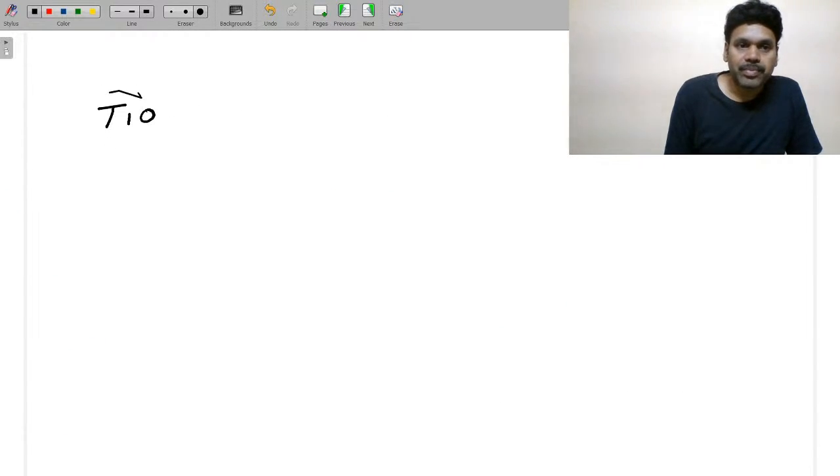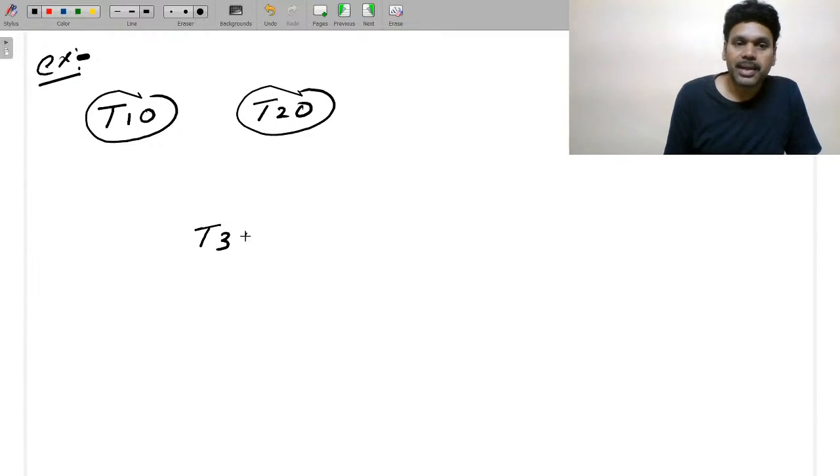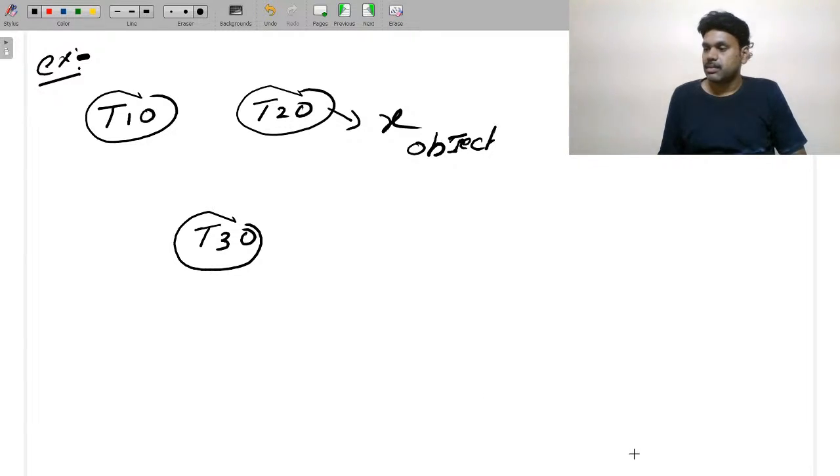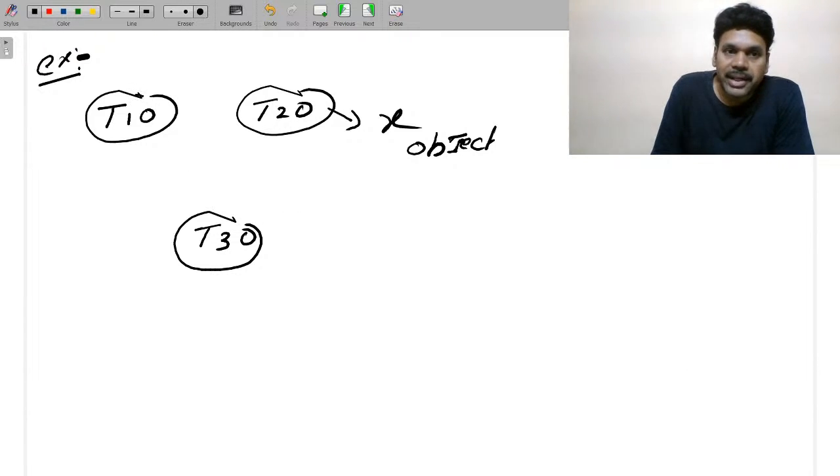Now, for example, T10, T20, T30. So please observe, three transactions: 10, 20 and 30.